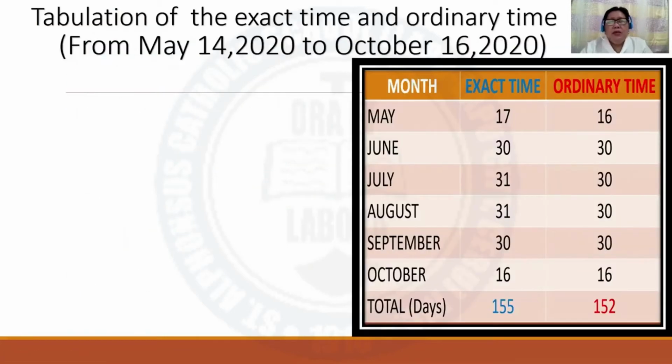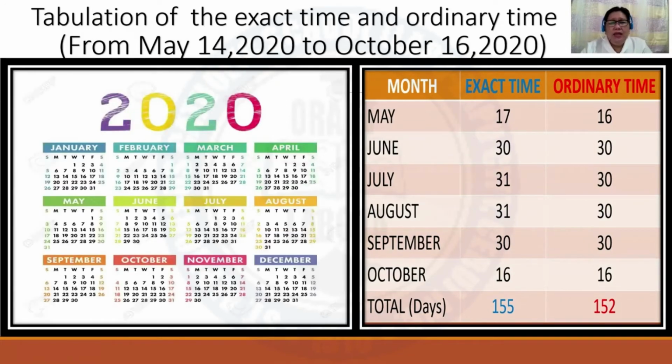So this is the tabulation of the exact time and ordinary time from May 14 to October 16. Using a pocket calendar for exact time, you have to count the number of days starting May 15 because May 14 is not included.